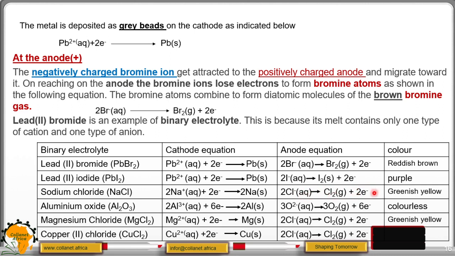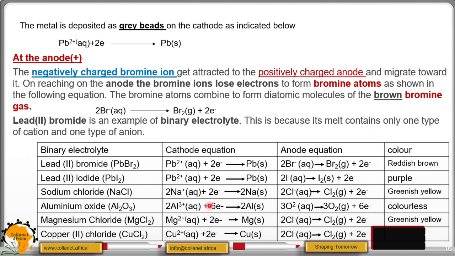Therefore, the 2 electrons lost here will be gained by the sodium here. Therefore, we need 2 electrons here so that they can neutralize the sodium ions. Therefore, the balancing goes like that.